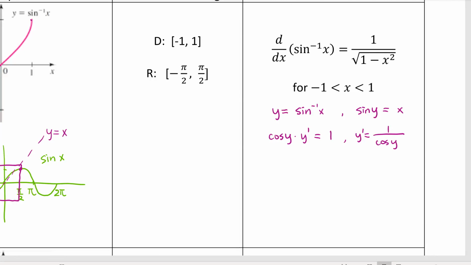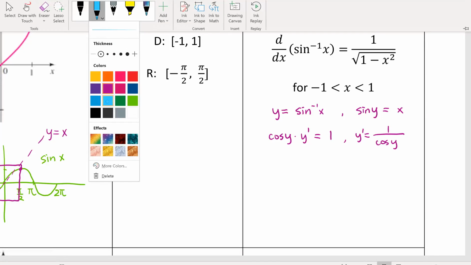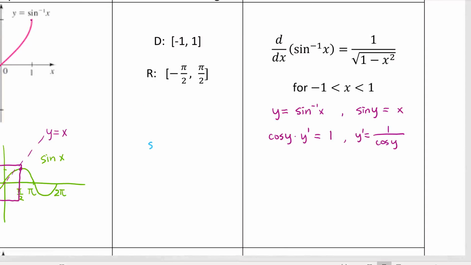But what is cosine? Do you still remember the trig identities? If you don't, it's okay. Let's draw it here. We have the hexagon: sine x, cosine x, tan x, 1, cotangent x, secant x, cosecant x, right?